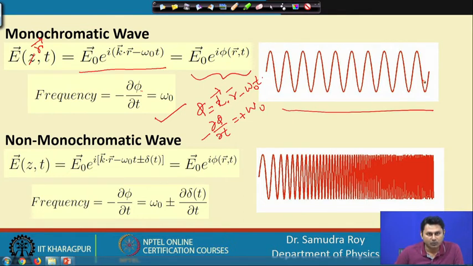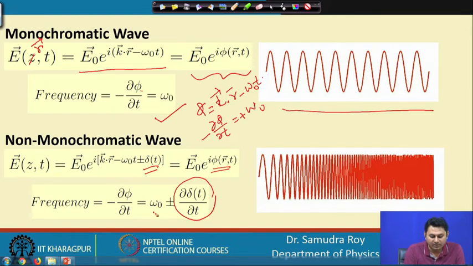Now, what is a non-monochromatic wave? So, a non-monochromatic wave is nothing but the same thing with an additional delta t term. This delta t is an additional phase in the system. So, again my phase is something where this delta t is there. Now, if I take a derivative of that, then we will have omega 0 plus or minus of these things. So, if delta t is given to me, which is a function of time, then I can calculate this.